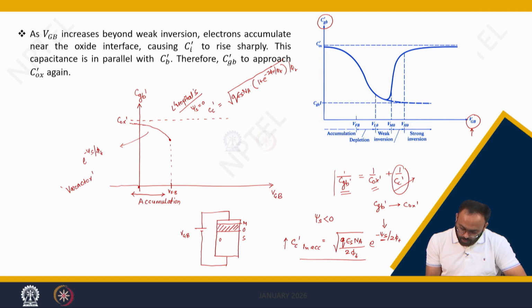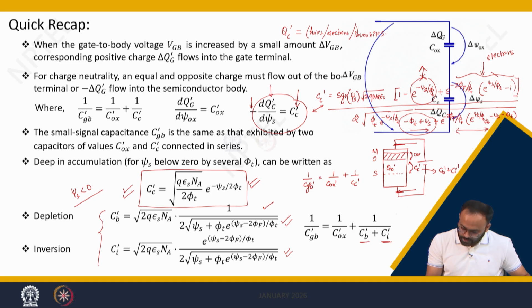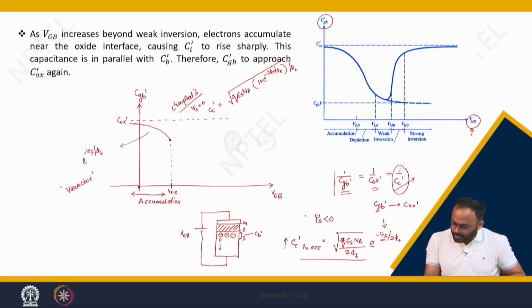So, holes will go towards the body, and hence immobile ions will come. If the immobile ions come, there will be a capacitance which is what? Cb dash. And we have seen that Cb dash is given by this, which is approximately proportional to 1 over 2 times square root of psi s. And hence, this Cc dash is converted into Cb dash.